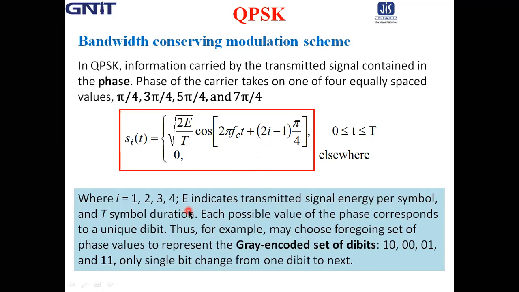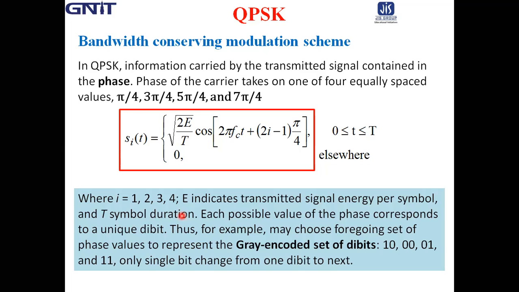E is the transmitted signal energy per symbol, and T is the symbol duration. The carrier frequency fc equals nc by T for some fixed integer nc. Each possible value of the phase corresponds to a unique dibit.